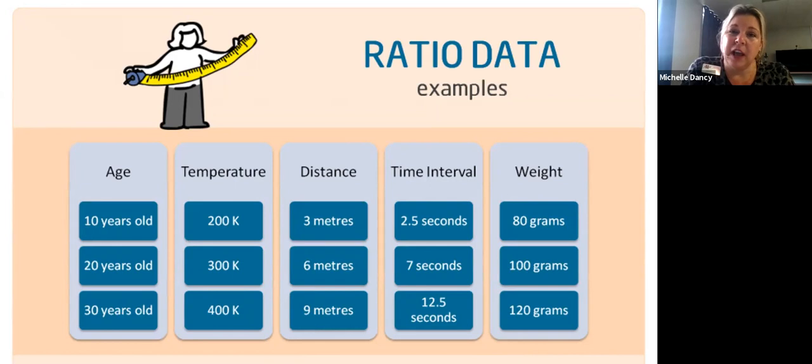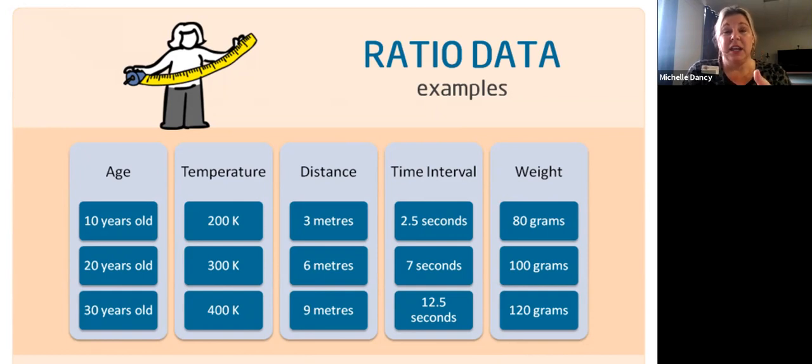But at this point in our class, we're just in chapter 1. We're going to keep it really simple. Distance, time, weight, okay? So there can be a true 0. Now think about time. If we're talking about time in one way, it might be interval.